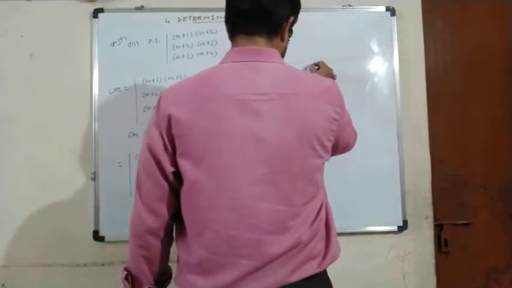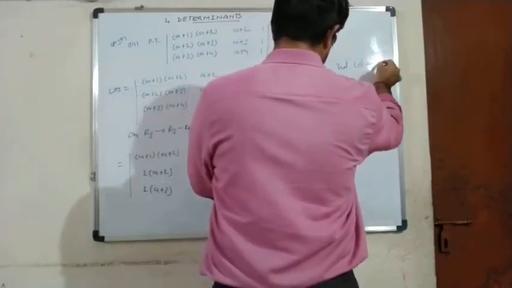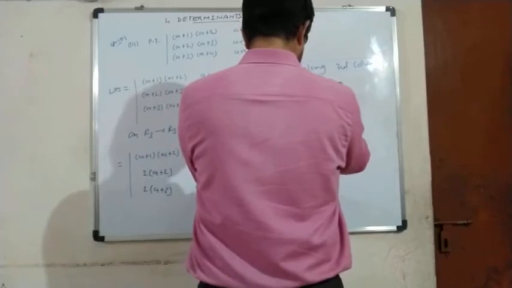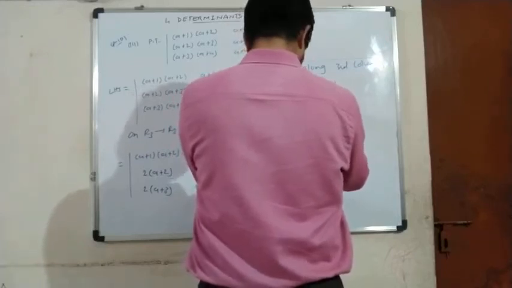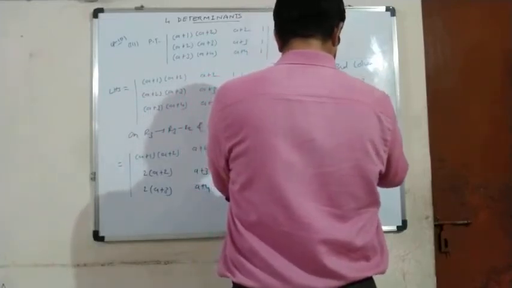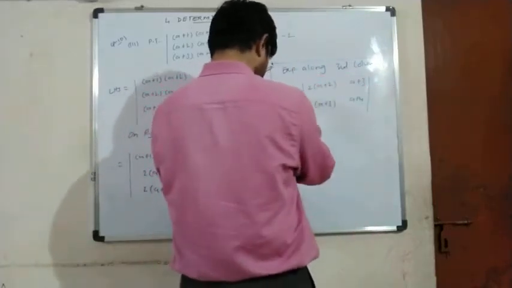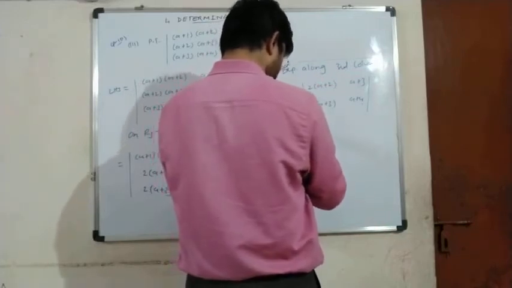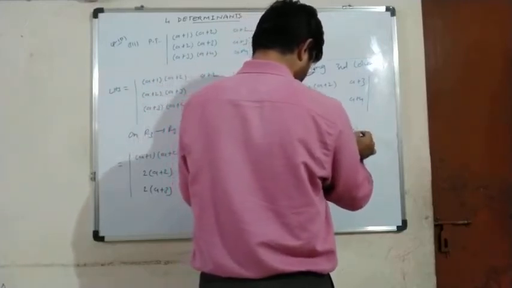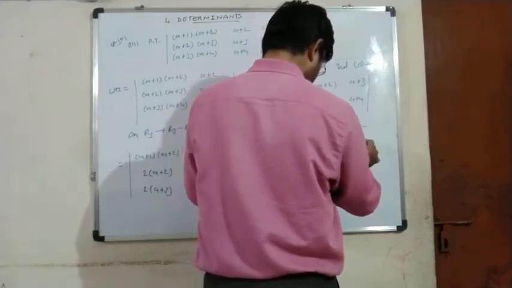Therefore 1 into the determinant with rows 2 into a plus 2, 2 into a plus 3; a plus 3, a plus 4, is equal to 2 into a plus 2 into a plus 4 minus 2 into a plus 3 the whole square.